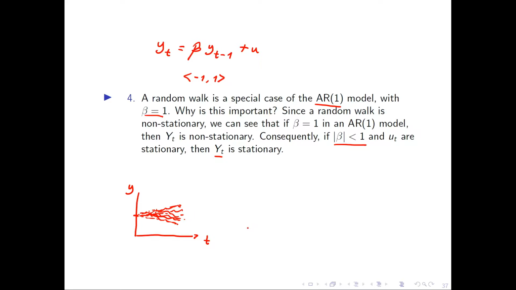But if we have t here, y here, and the absolute value of beta is less than 1, then if your process is here, and this is 0, then without any shock from the error term, you would expect this process to taper off, right?